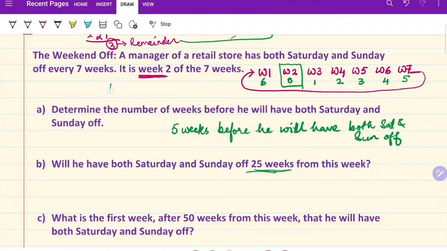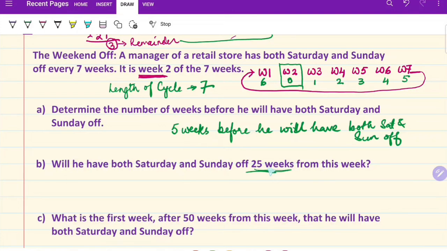So the length of the cycle for this question is 7, right? It's after every 7 weeks that the cycle repeats. So length of the cycle is 7. And the question says, after 25 weeks, will he get Saturday and Sunday off? All right.